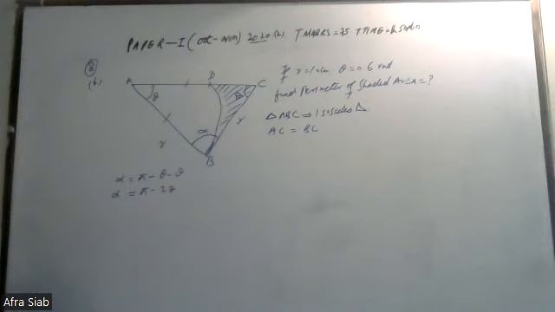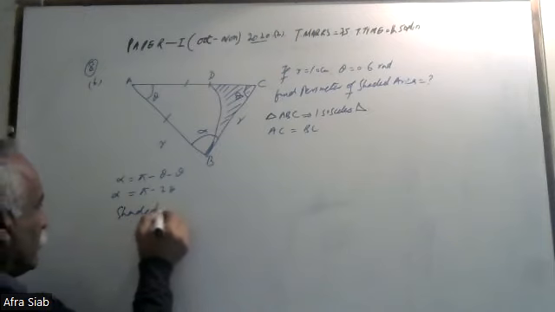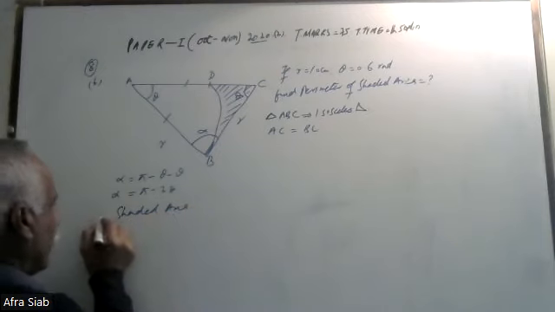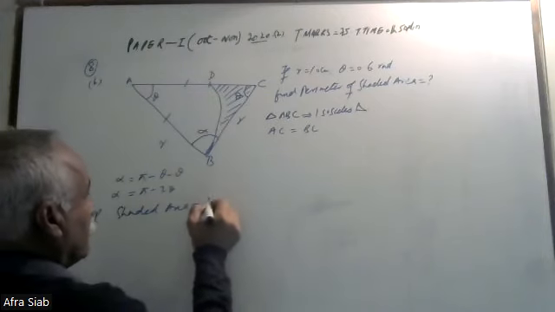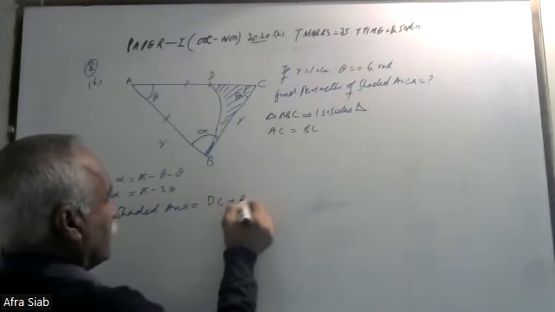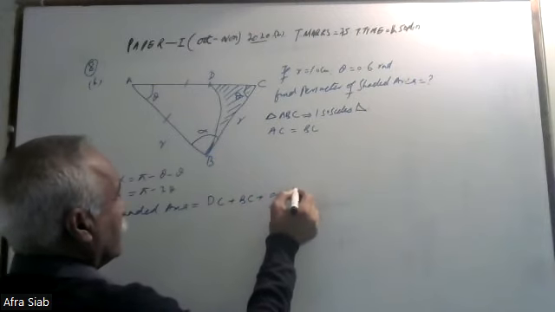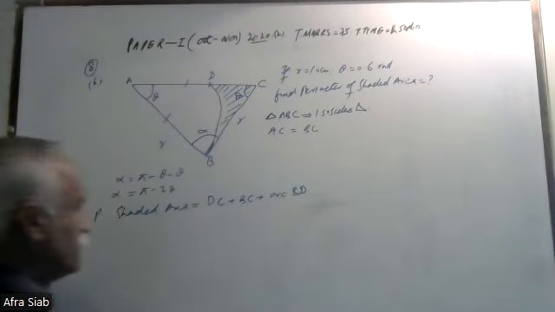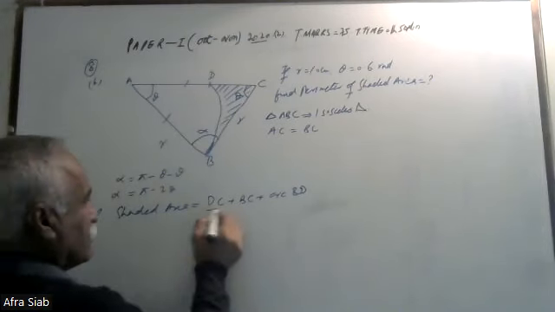Now they have given us the values of r and 0.6, and you are going to calculate the perimeter of the shaded area. So shaded area perimeter is equal to DC plus BC plus arc BD. DC we don't know.